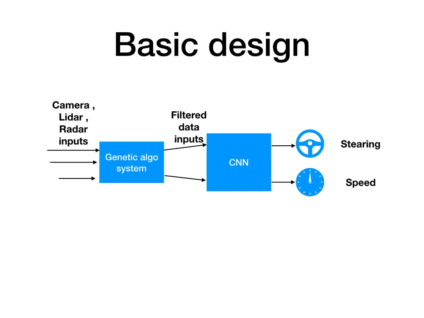The genetic algorithm system filters the data, meaning it finds the most suitable data, and gives it as input to the convolutional neural network system, which further refines the data and gives input to the decision making system, which collaborates with the GPS and road map and controls the steering and speed of the car to drive on the road.